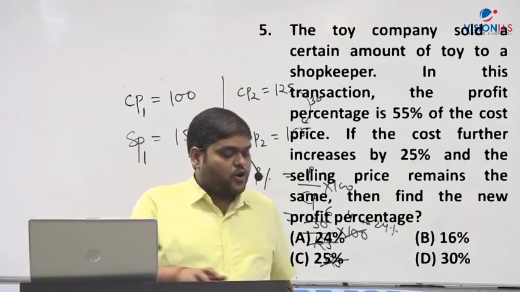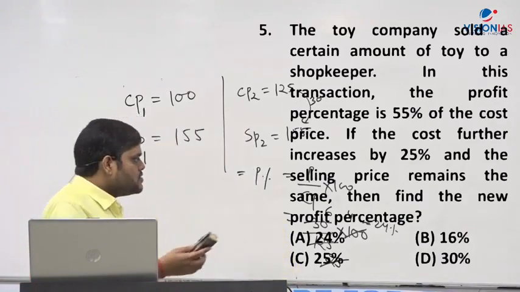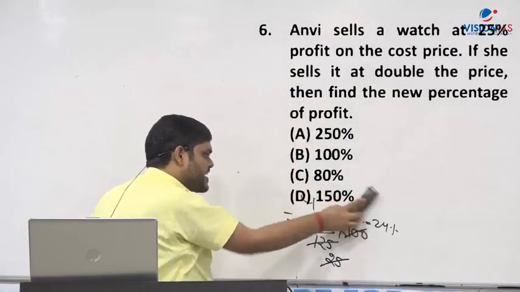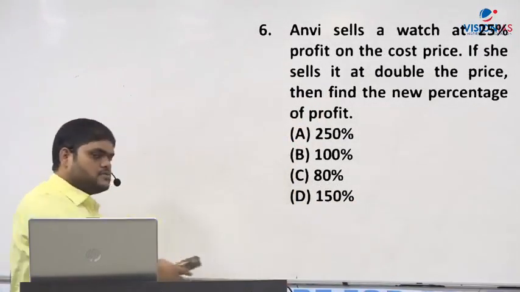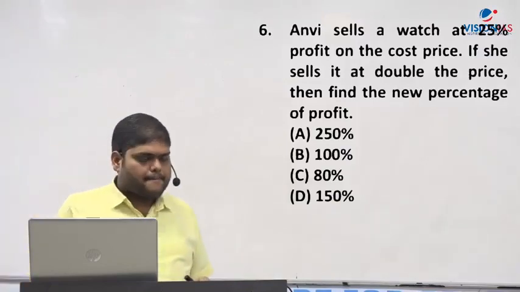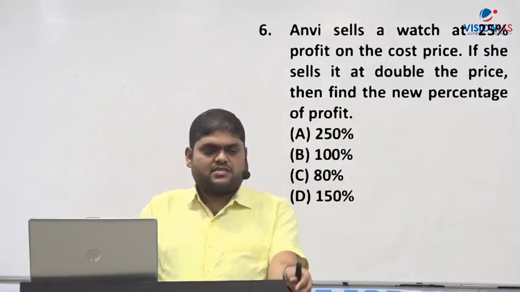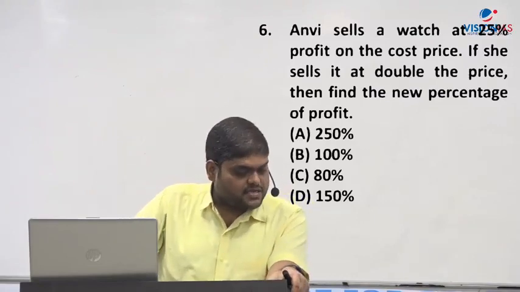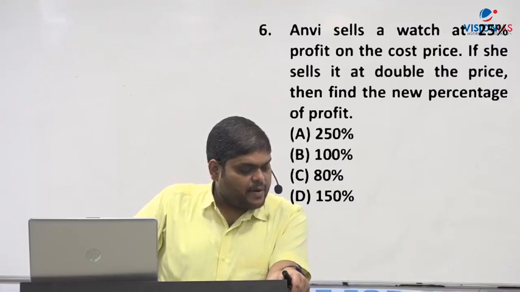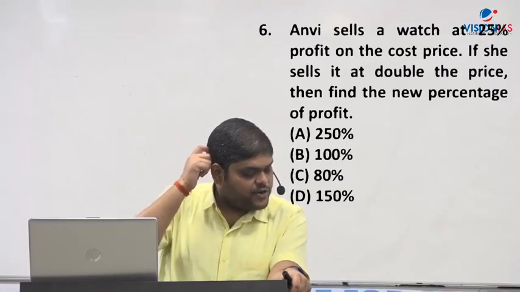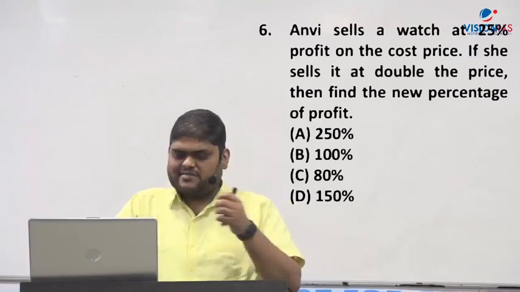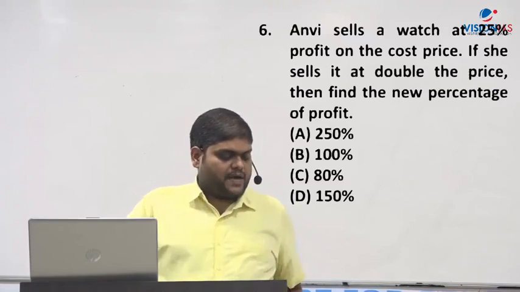Great. Then question number 6, on your screen. The question is, Anvi sells a watch at 25% profit on cost price. If she sells at double the price, find the new percent of profit. Simple one.